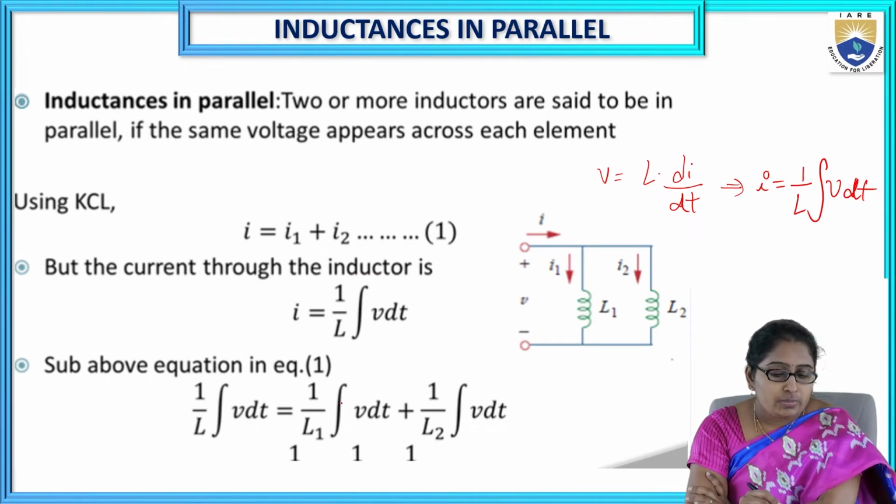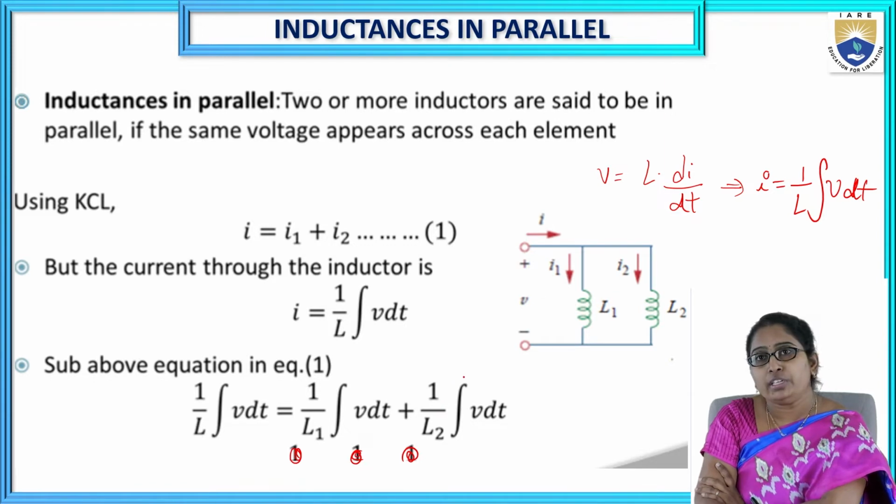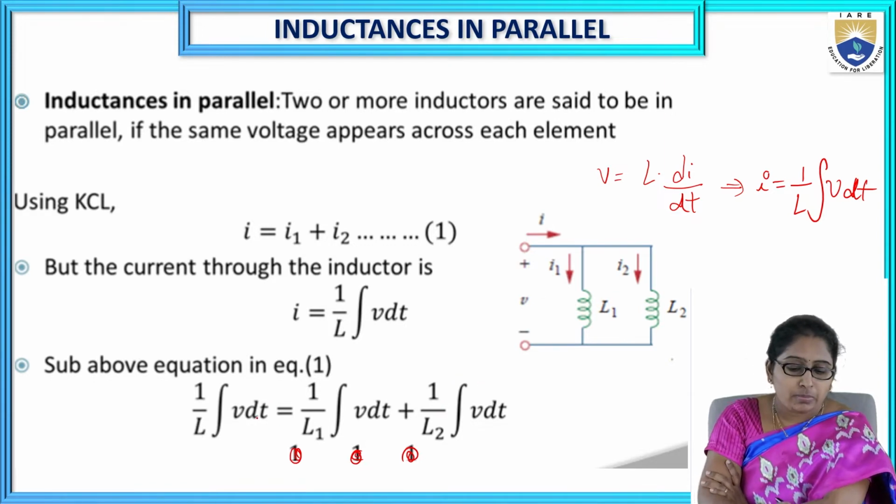I1 is given by 1 by L1 integral of V dt, and I2 is given by 1 by L2 integral of V dt with respect to the second inductor, and I is the supply current, so 1 by L equivalent into integral of V dt.